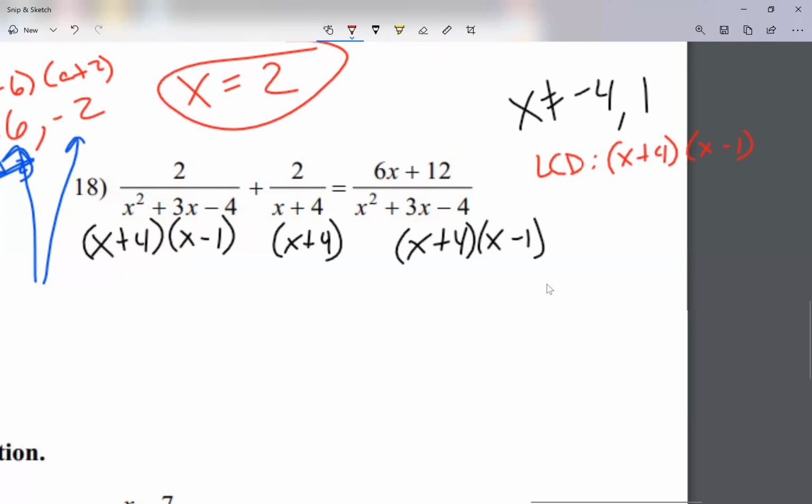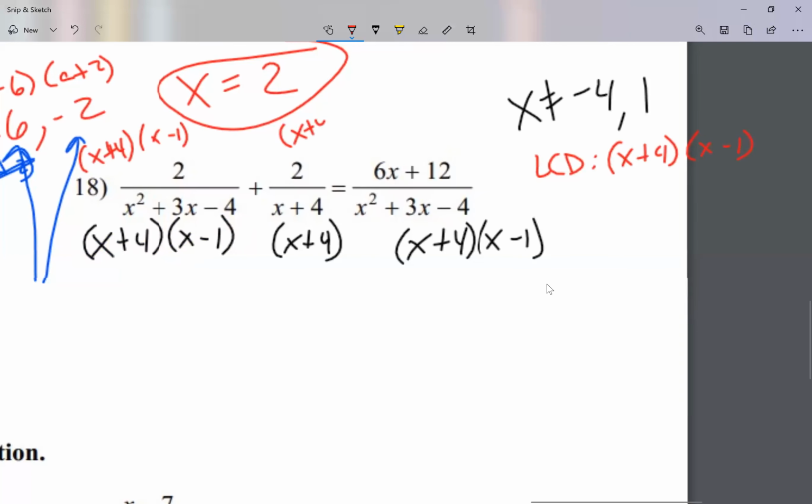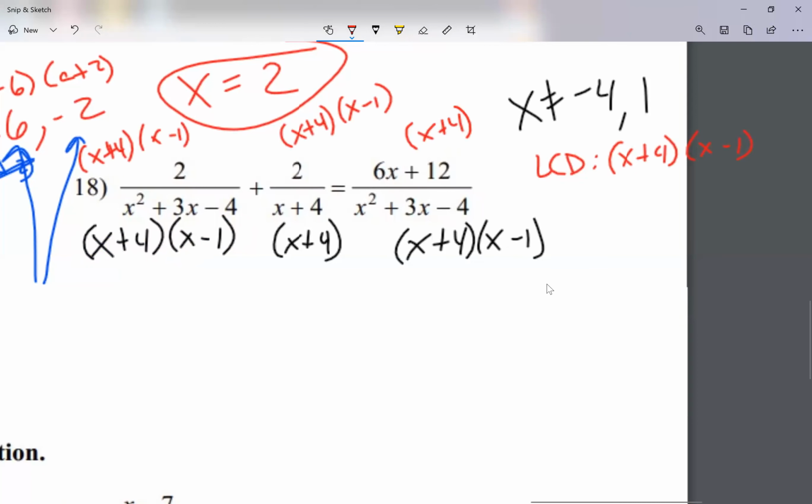So I'm going to multiply everything by x plus 4, x minus 1. So let's see here, x plus 4, x minus 1. And then here also x plus 4, x minus 1. And then lastly, x plus 4, x minus 1.